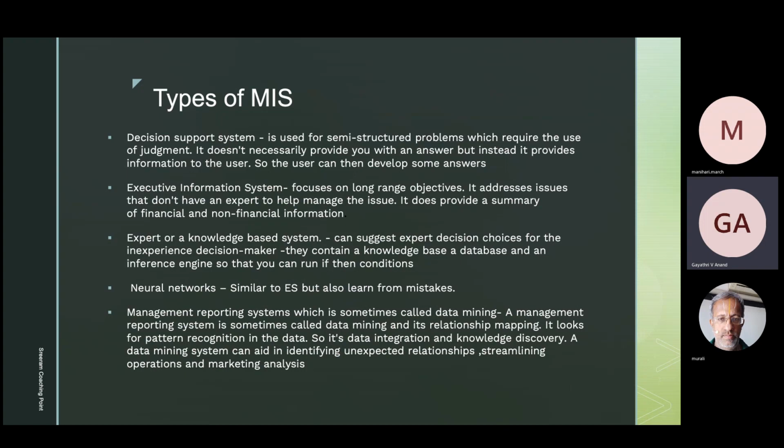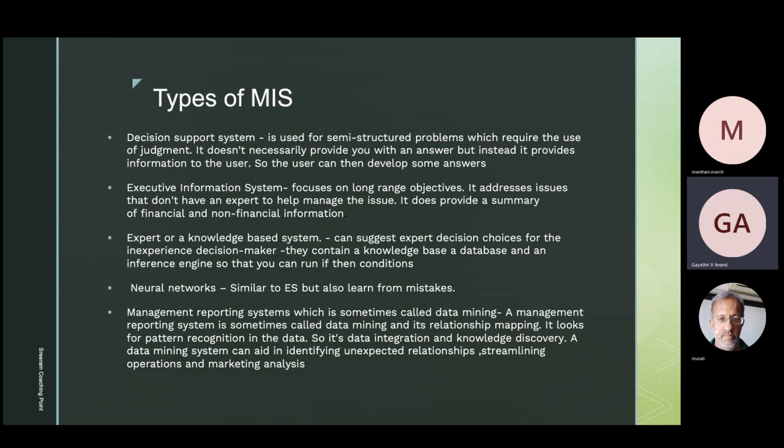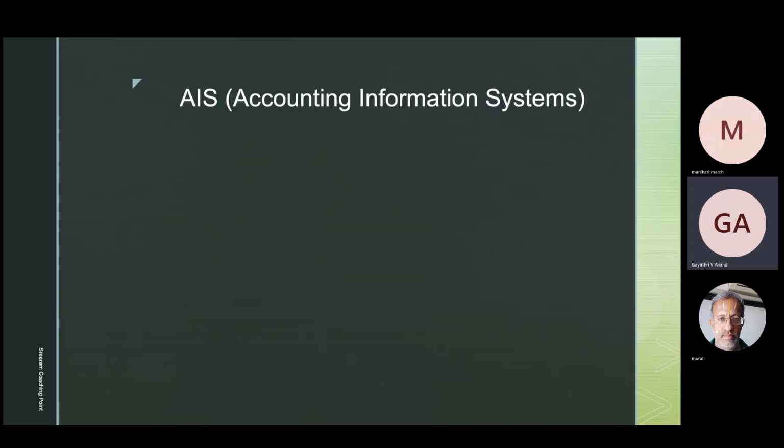They are looking for activity that is unexpected. Or you can take care of your Netflix account where you share your password and suddenly there's a lot of logins. Immediately, data mining happens and it says that so many unauthorized accesses have happened. Please do not share your password, or it will deny access. So something like that. Now we saw types of MIS.